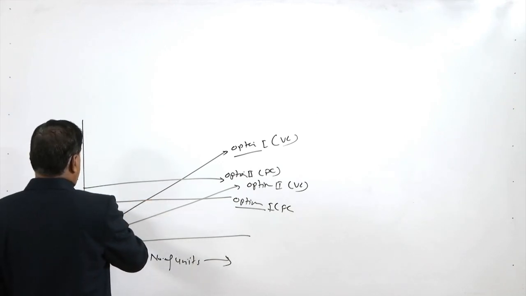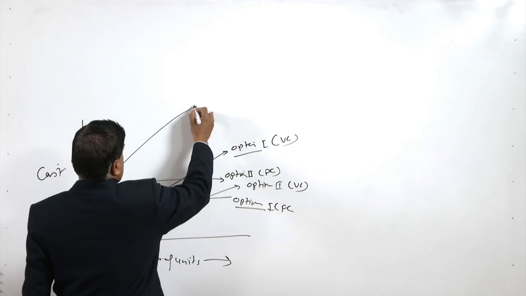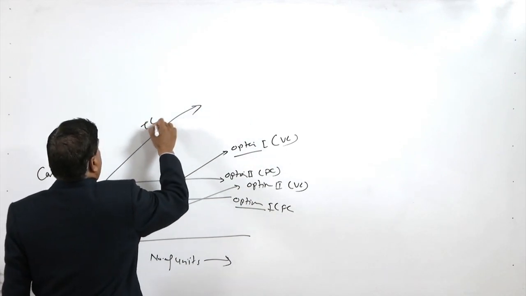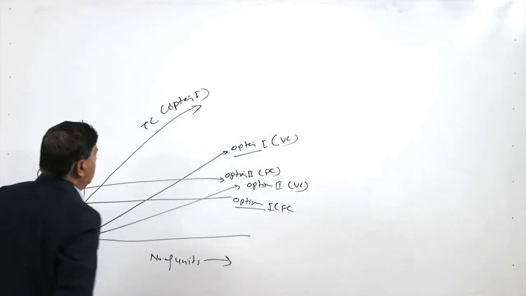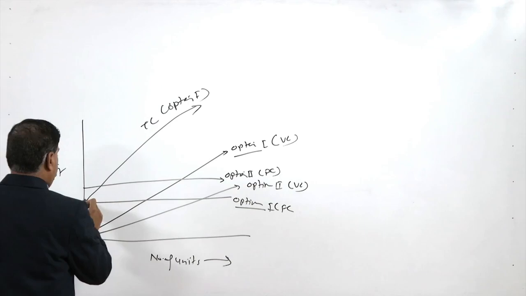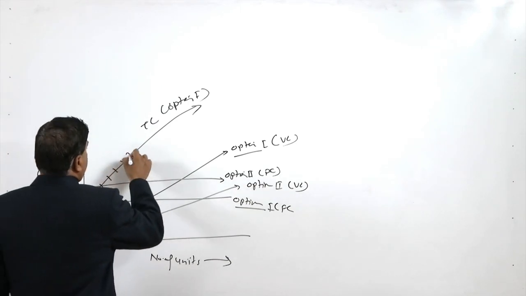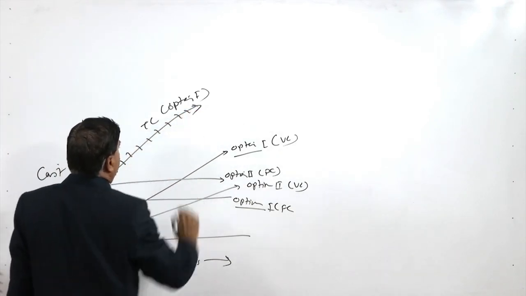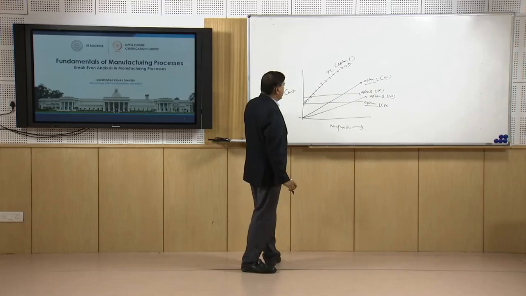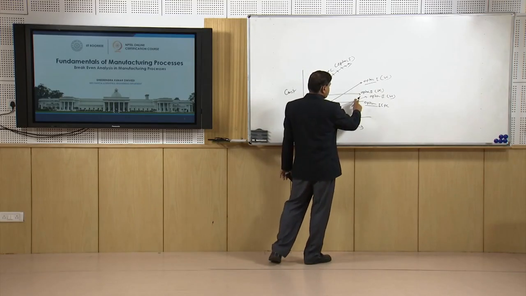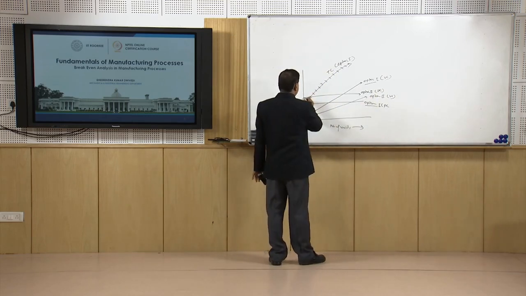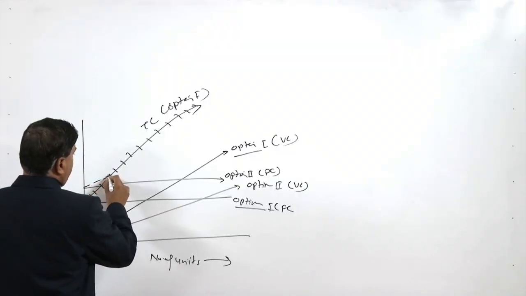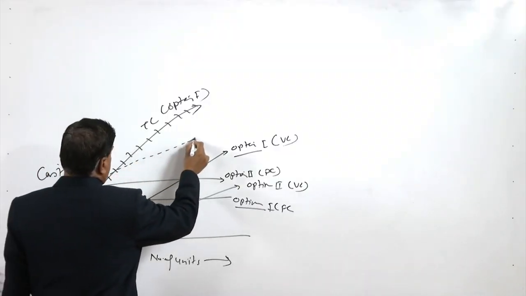So, the slope will be going like this for total cost option 1. This is the TC for option 1. On the other hand, since the variable cost is increasing at a lower rate for option 2, here for option 2 it will be going at this rate.